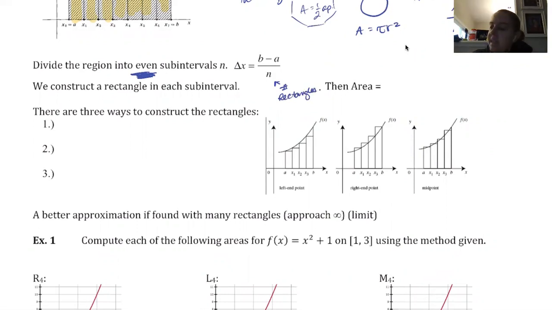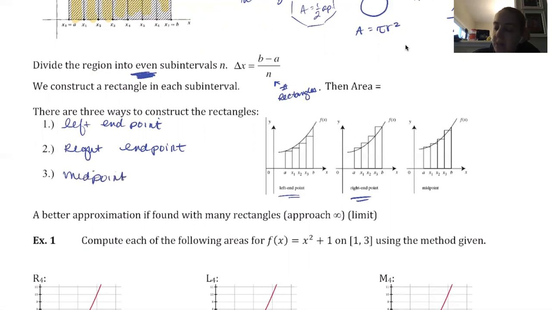We construct a rectangle in each subinterval. There are 3 ways to construct your rectangle. We have a left endpoint, we have the right endpoint, and then we have the midpoint.